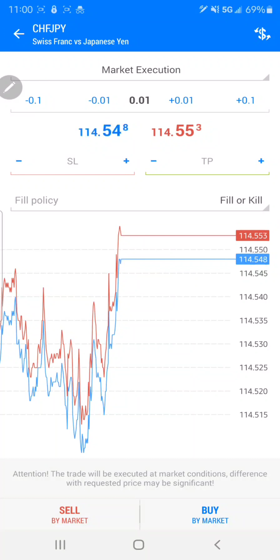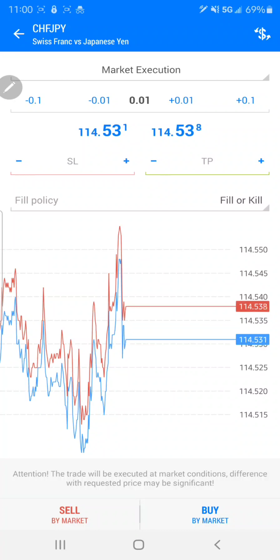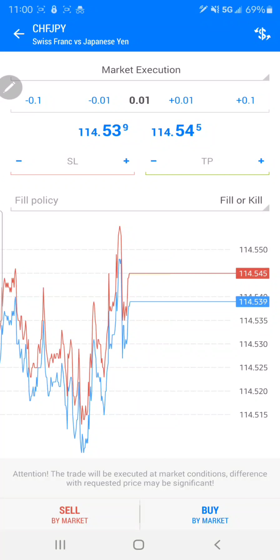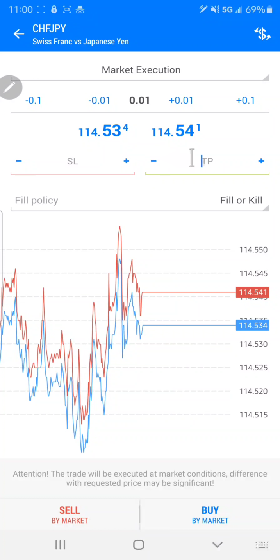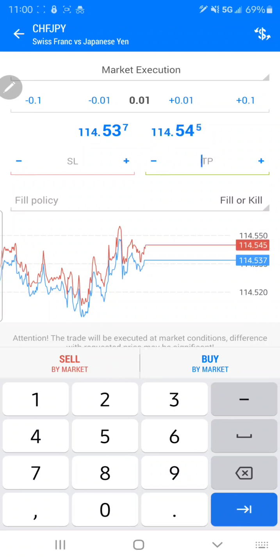If I think the market is going to go down, start with your take profit. Your take profit in a sale needs to be lower than this number right here.